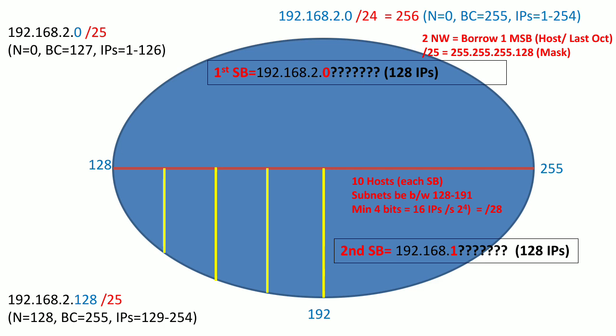Now we want to use 3 more bits for subnetting purposes. So this would become /28.